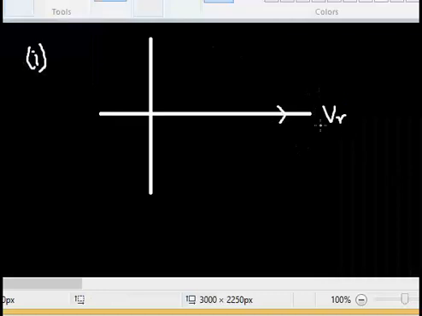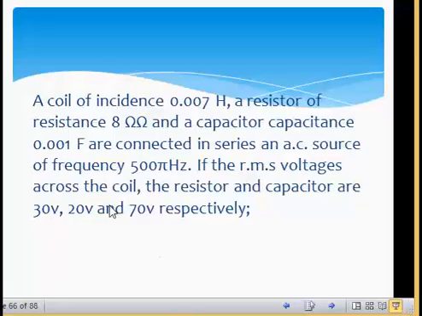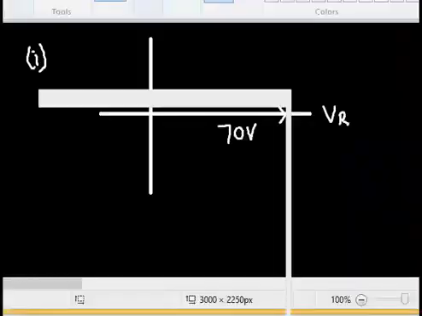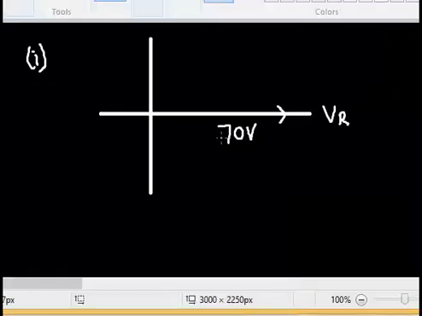There's no phase angle. According to the question, is it 70 volts? I have coil, resistor and capacitor, no, the resistor is 20 volts. So 20 volts.